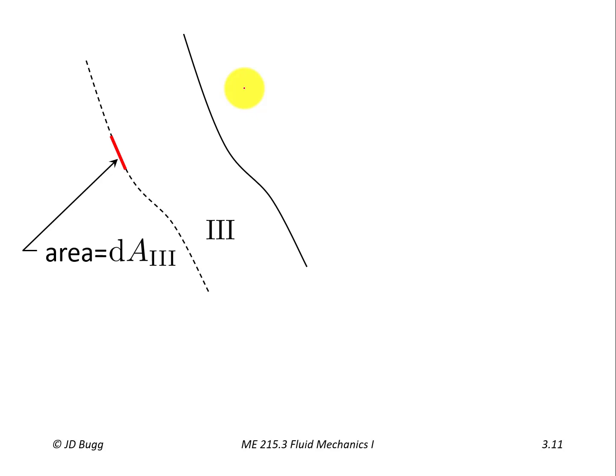The first thing that we need to know is the direction of this surface. So we define here a unit normal vector. This vector has a magnitude of 1, and we remind ourselves of that with a circumflex there, and it is perpendicular to the surface at this point. That's why we use n there. It's normal to the surface.